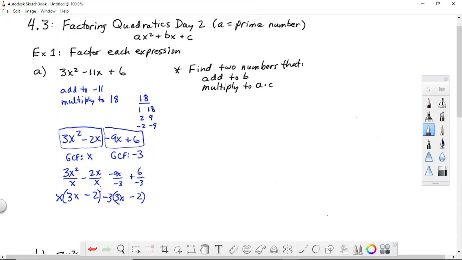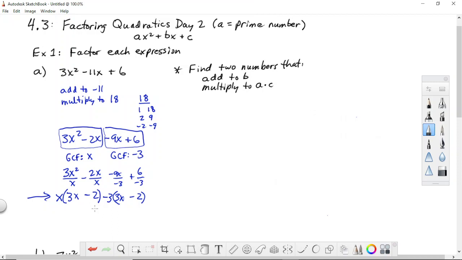Okay, so what we've done is we've rewritten this polynomial after splitting the middle. We split the middle term into these, right? And we've rewritten it as this down here. Okay? By simply factoring out an x from that first half and negative 3 from the second half.